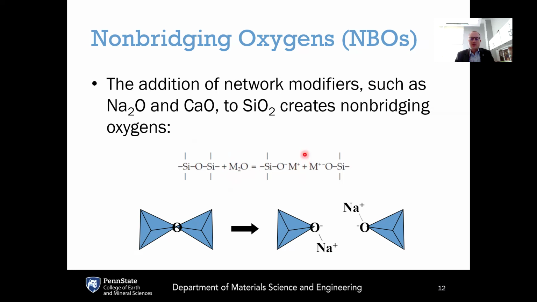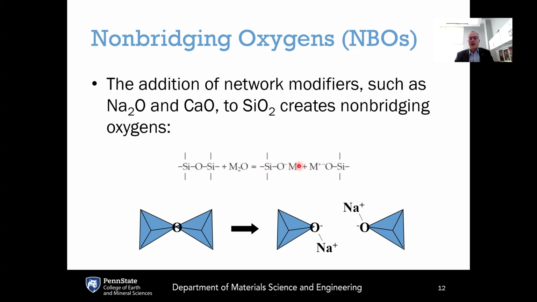It breaks the bond. And then the dangling bond on one of the oxygens here has a net charge of -1 because the oxygen has a charge of -2. One of those negative charges is compensated by bonding to the silicon. The other negative charge is then compensated by forming an ionic bond to the alkali modifier ion, this M+.